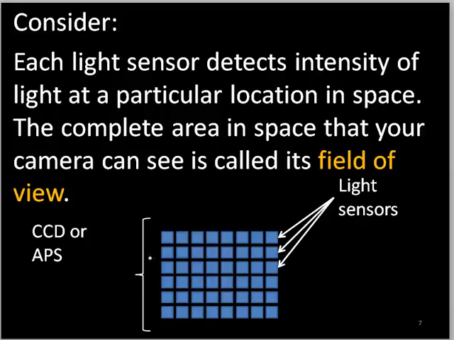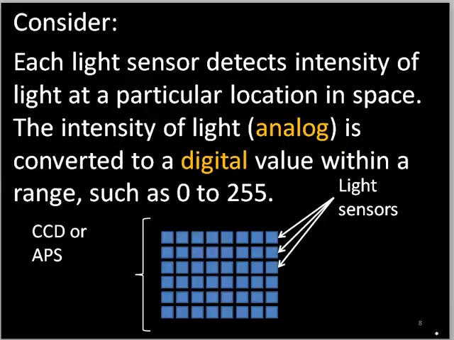This isn't the physical dimensions of the light sensor of the CCD or APS. This is the physical dimensions in space that your camera can see.